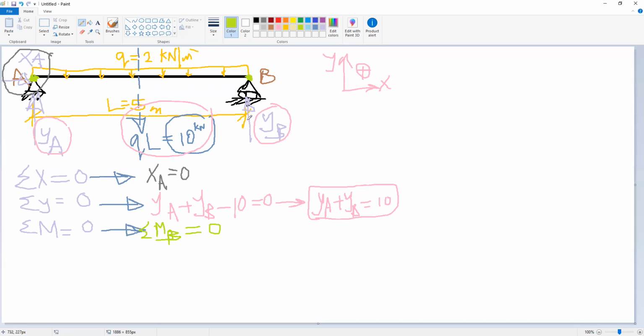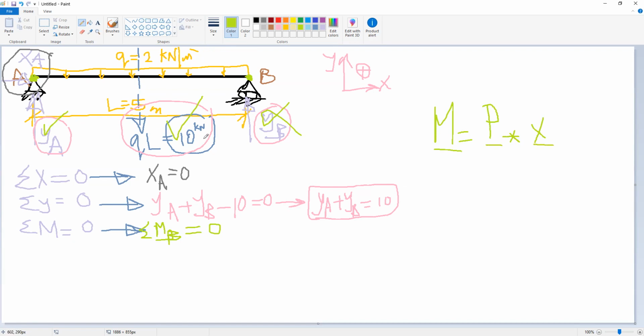So what causes moment at B? If the force passes through the point, this force doesn't have moment at B. So we have only 10 causing moment at B and YA causing moment at B. The moment at any point equals the force multiplied by distance, or eccentricity, let's say by distance X.